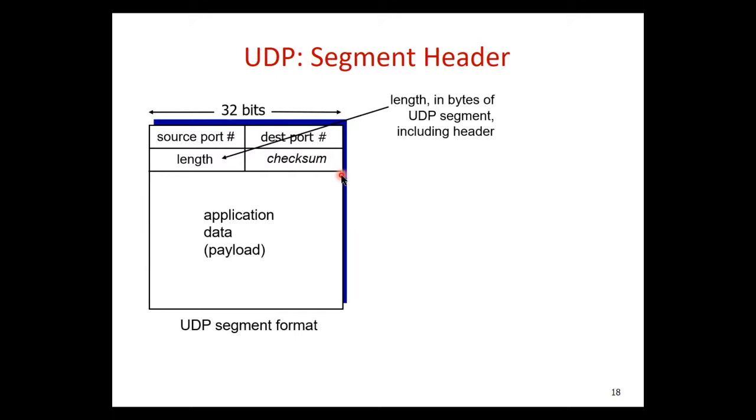It's a very simple header, just 64 bits. It starts with the source port number and destination port number, which are common to UDP and TCP. Then you have the length of the whole segment, and a field called the checksum. This is how a UDP segment looks, and then you have the payload, which is where the application data is.